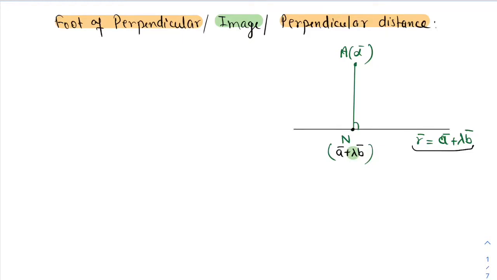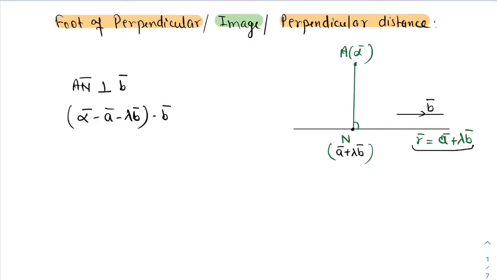So we can use the fact that this vector AN is perpendicular to the vector which is parallel to the given line, and that is b vector. So AN vector is perpendicular to b. It means AN is alpha vector minus a vector minus lambda times b vector, and its dot product with b vector will be 0.